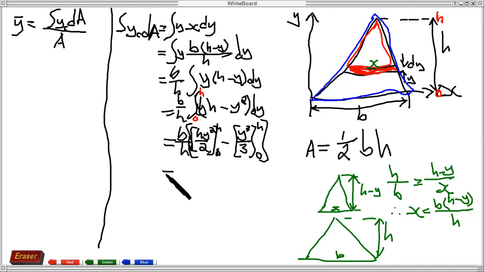Okay, then you substitute now. You put in this h, and you're going to end up with something like b over h here. This portion here will become h cubed, isn't it?